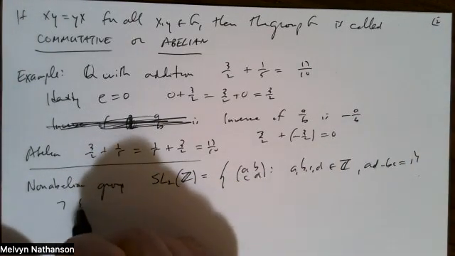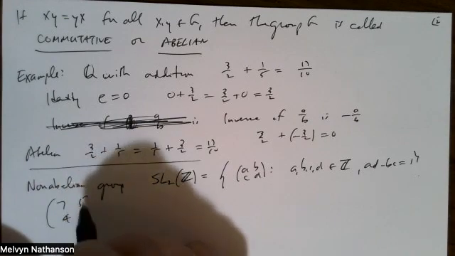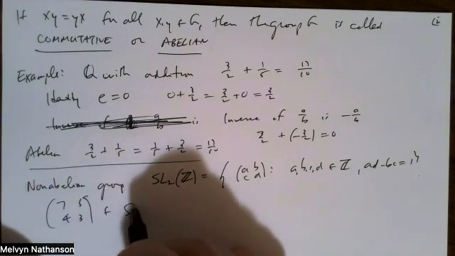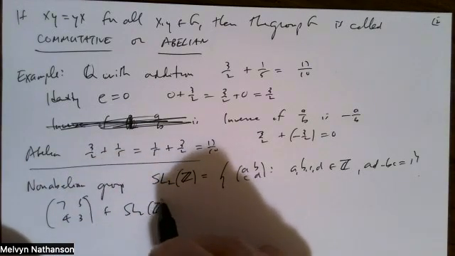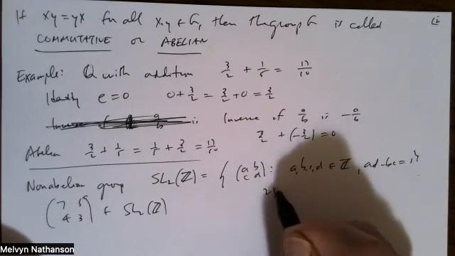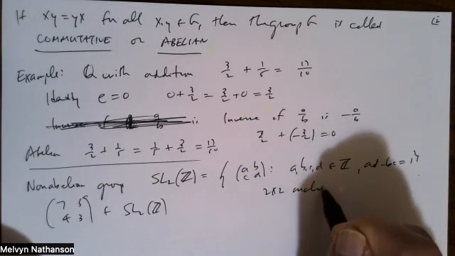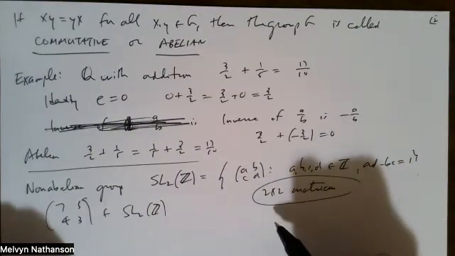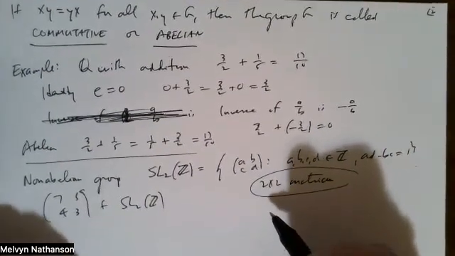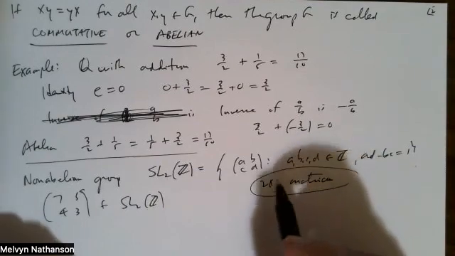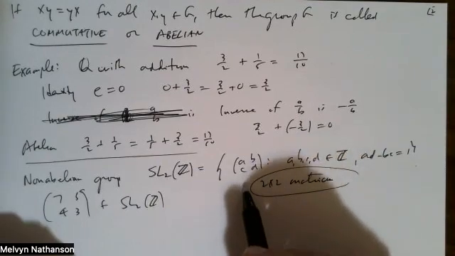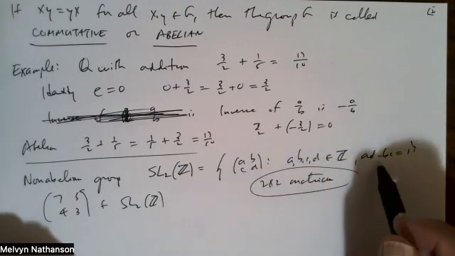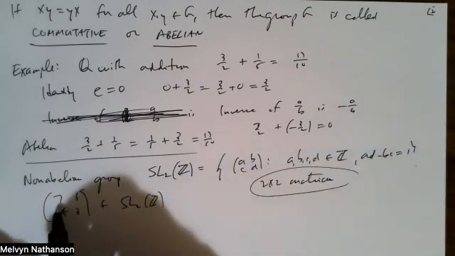So for example, 7, 5, 4, 3 is an element in this set of matrices. So these are all 2 by 2 matrices. But it's not all 2 by 2 matrices. It's not even all 2 by 2 matrices with integer coordinates. It's just those 2 by 2 matrices with integer coordinates whose determinant is 1.